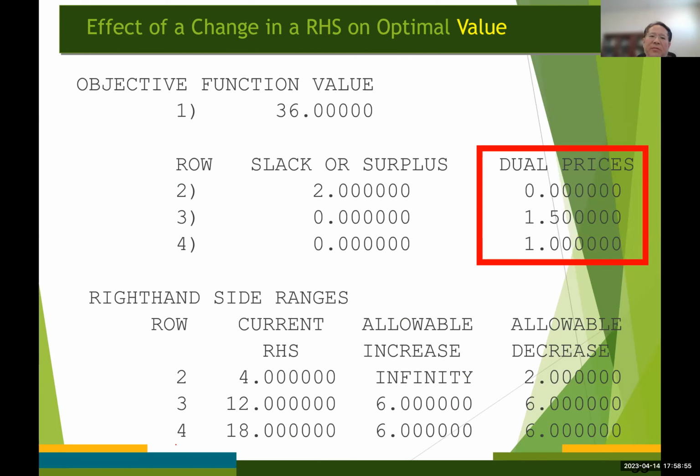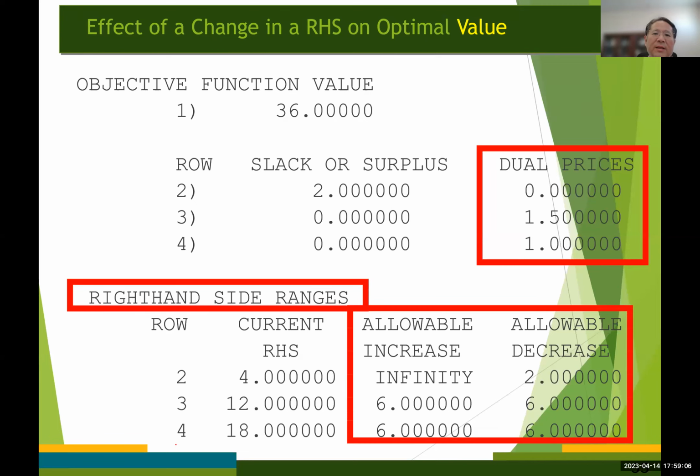Okay, so in summary, the dual price is valid only if the corresponding right-hand side value changes within the allowable ranges. Okay.